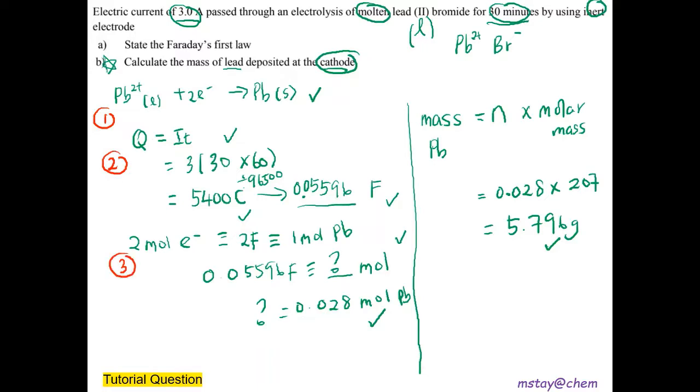Basically you convert to Faraday, then you do the comparison, and then you can find the mass of the lead produced.